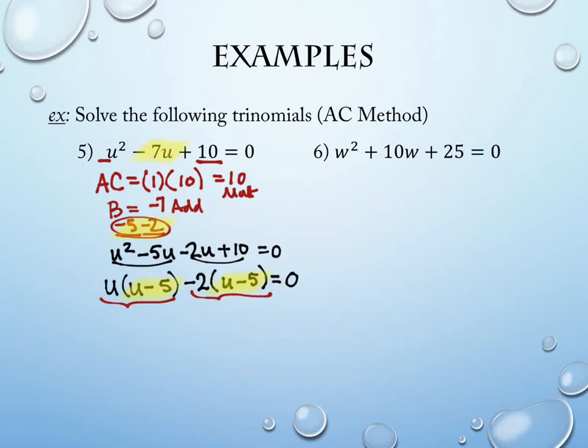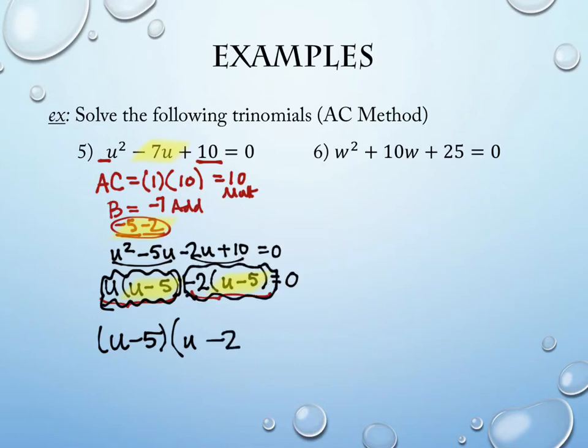If I pull out a u minus 5 from this piece, what will I have left? A u. And if I pull out u minus 5 from this piece, what will I have left? I will have a negative 2 left. And this equals 0.